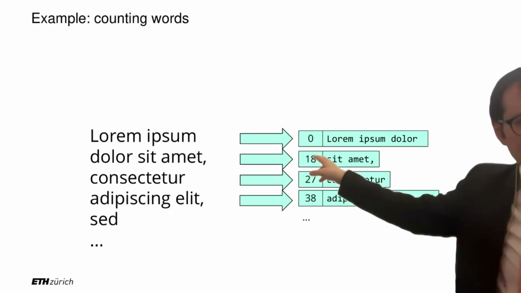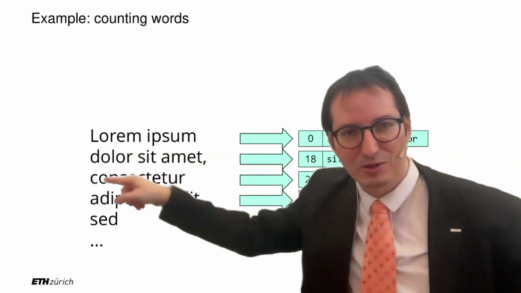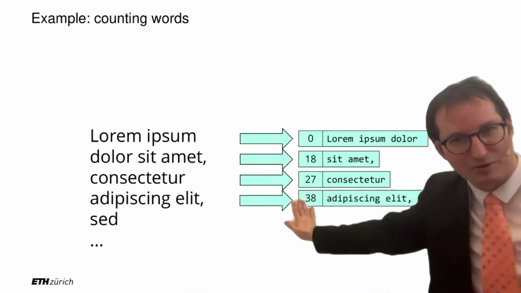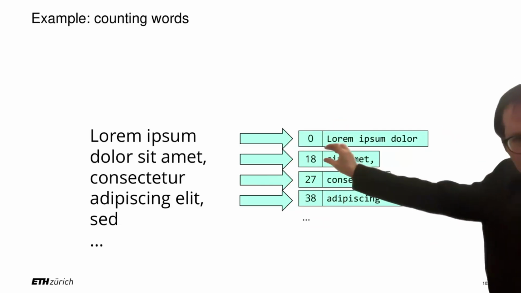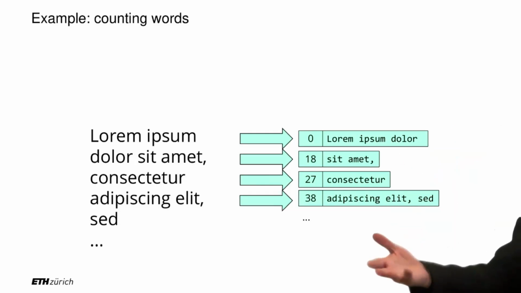It's totally useless. So let's put an offset. 18 just means that it's in position 18 in the text file. This is in position 27. It's just counting characters. It doesn't matter, right? This is just something dummy that we put in there, and the text is in the values. Now you agree I have a collection of key values, right? After doing that. That's great because MapReduce needs a collection of key values.